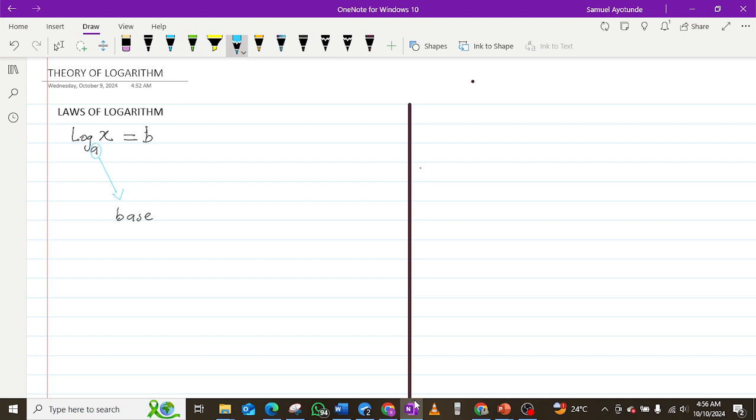While this is called the argument. And lastly, what we have here as b is called the exponent.